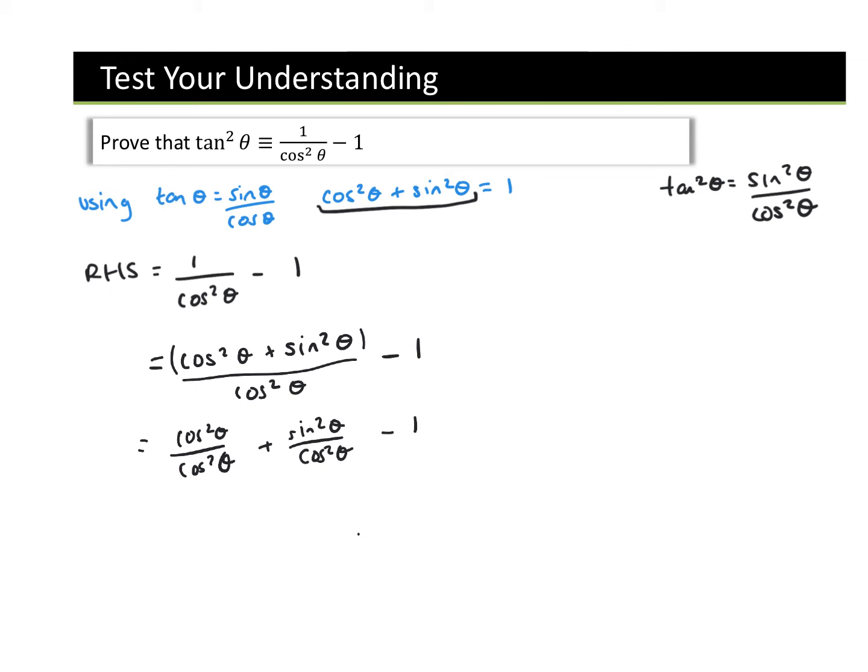Cos over cos is 1. Plus sine squared over cos squared is tan squared, minus 1. We know the 1 and the 1 are going to cancel. So it's just tan squared theta, which equals left-hand side. Therefore, proved.